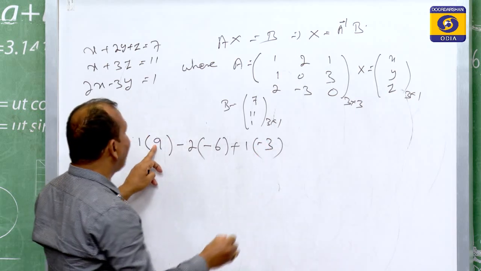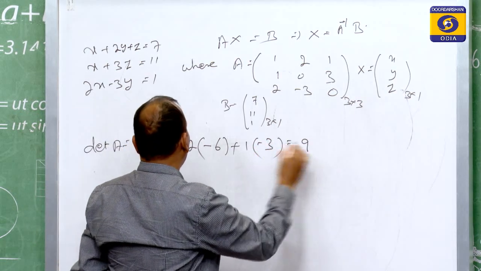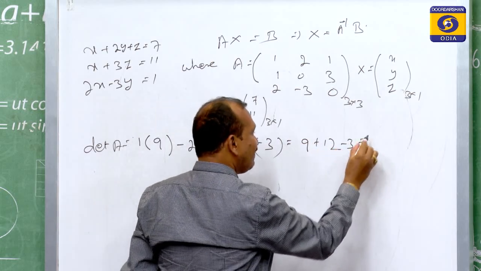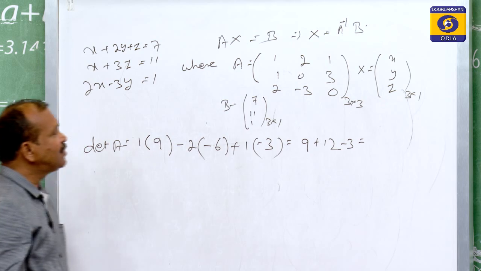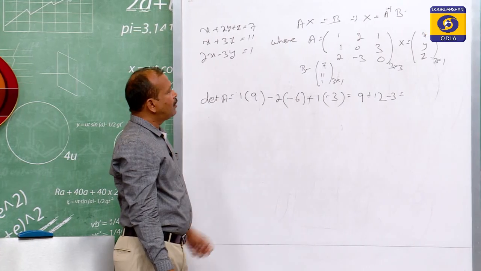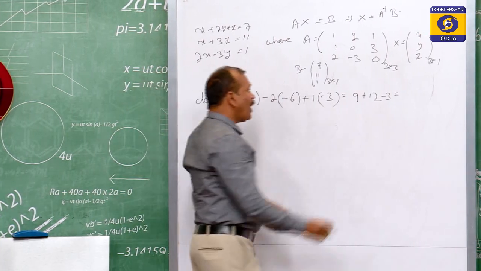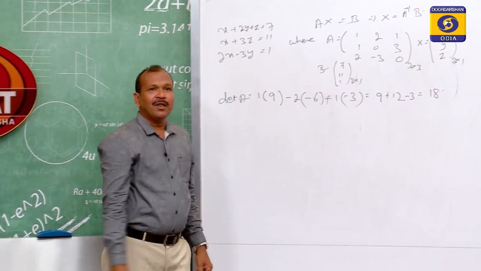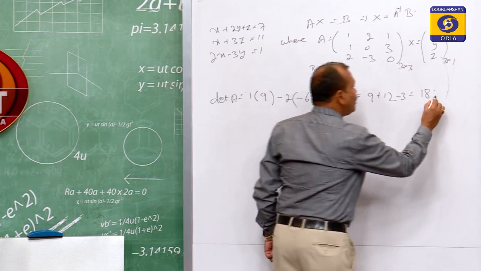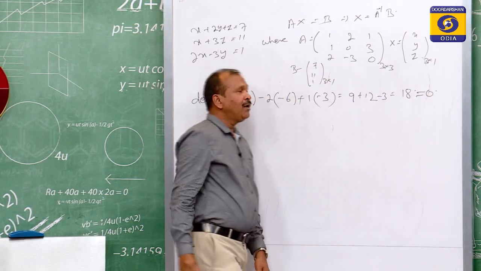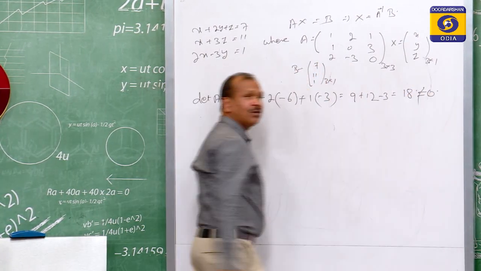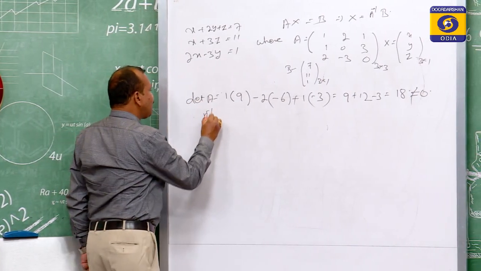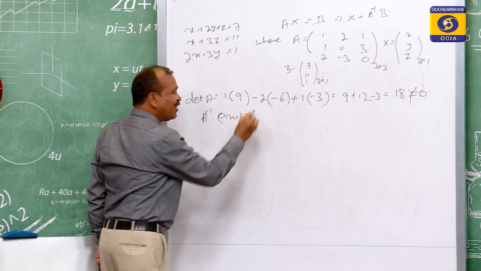Then we have 9 plus 12 minus 3, that becomes 21 minus 3, which is equal to 18. Then det A is not equal to 0, hence A is invertible and A inverse exists.